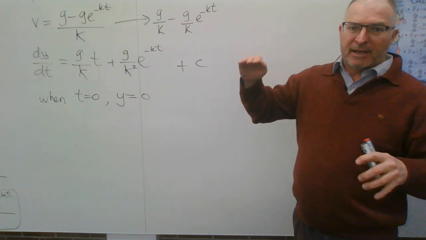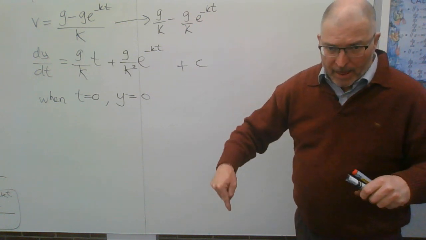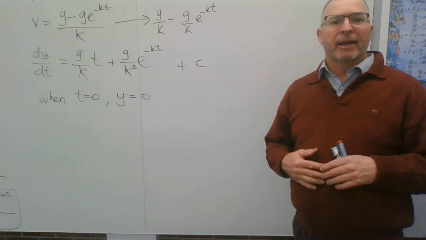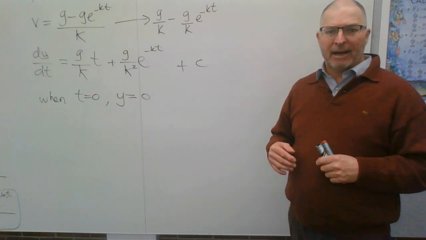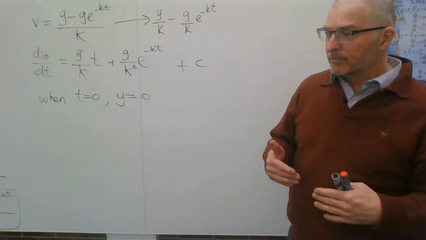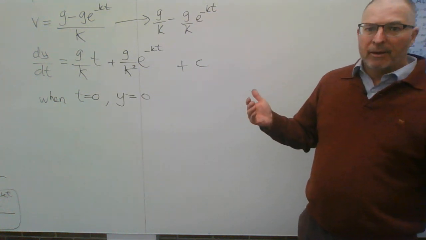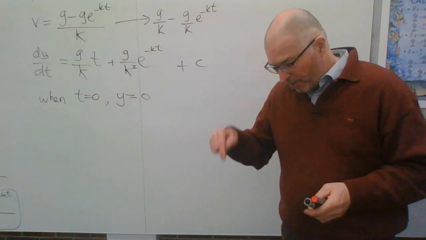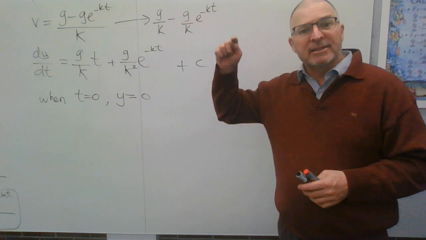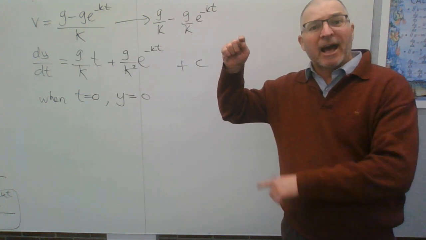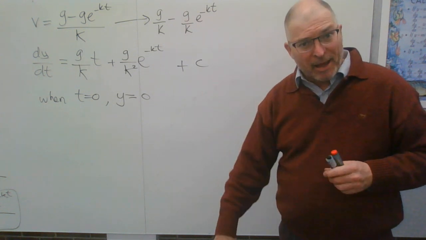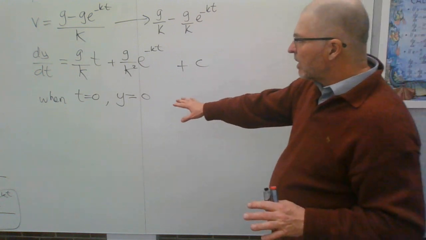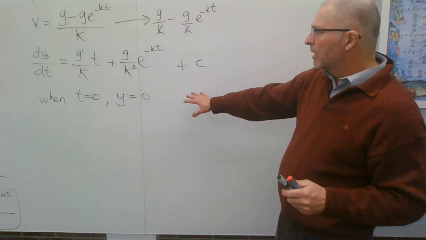So as we go down that way, we're gaining values of the displacement. If it was 100 meters down to the ground, it starts at 0, even though it's 100 meters high, and it ends up at 100. That's what we're saying here. So when t is 0, y is 0.